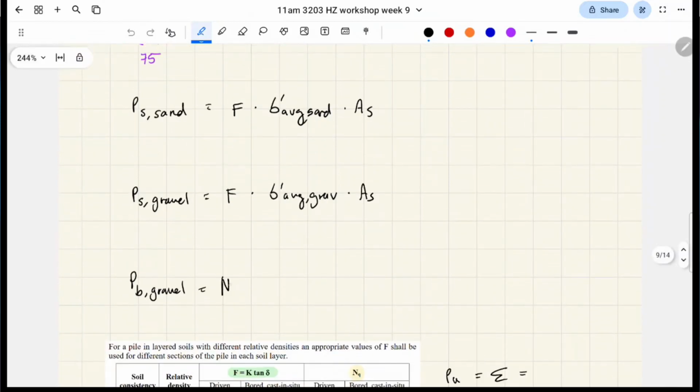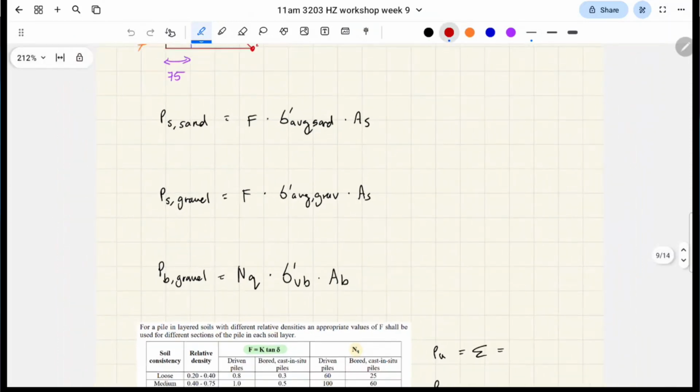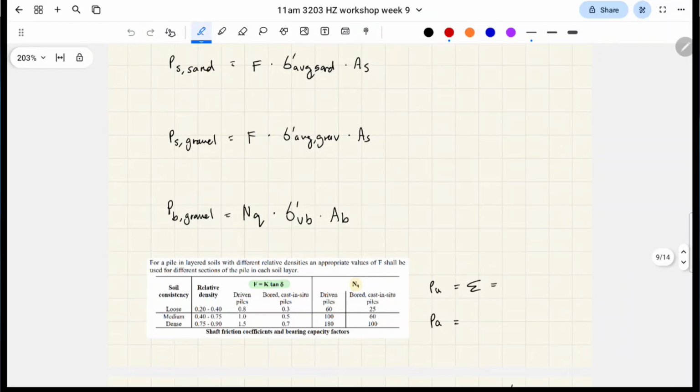And this one is NQ, VB, AB. Okay, so let's refer to this table.